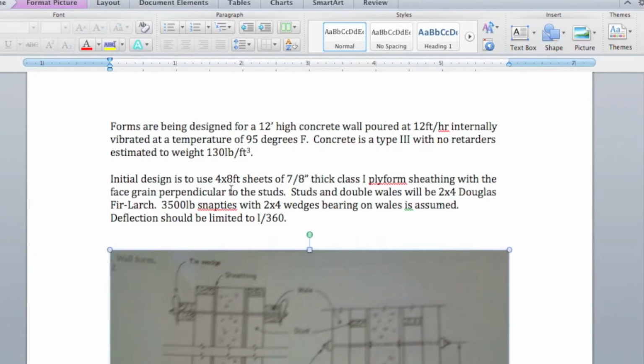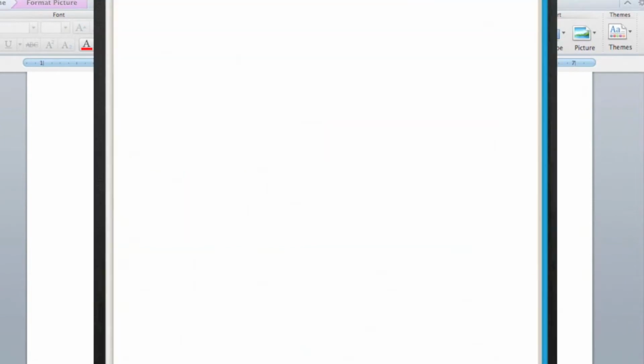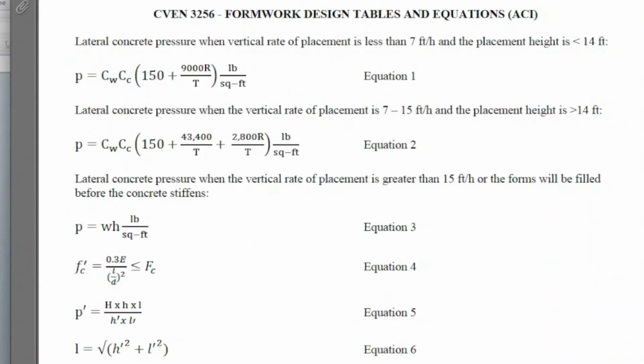Alright, so first step in these problems is we're going to find the design load. This is pretty critical because all of the rest of your equations are going to use this number in order to check and find your spacing. Looking at this table here, you need to look at the parameters of the problem and basically pick between these three possibilities.